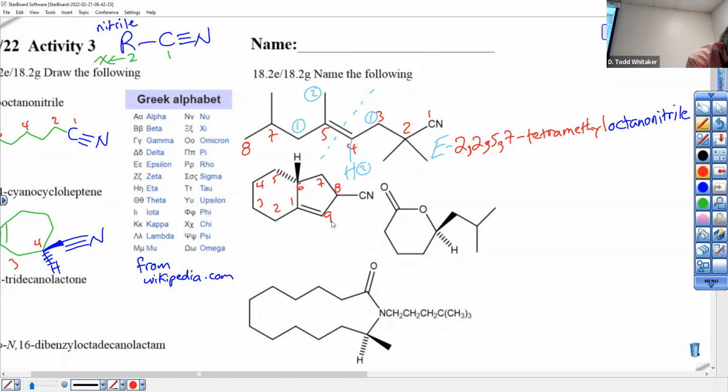That's an 8 cyano. Oops, we better name it over here. 8 cyano bicyclo. We got a 4 and a 3 and a 0.